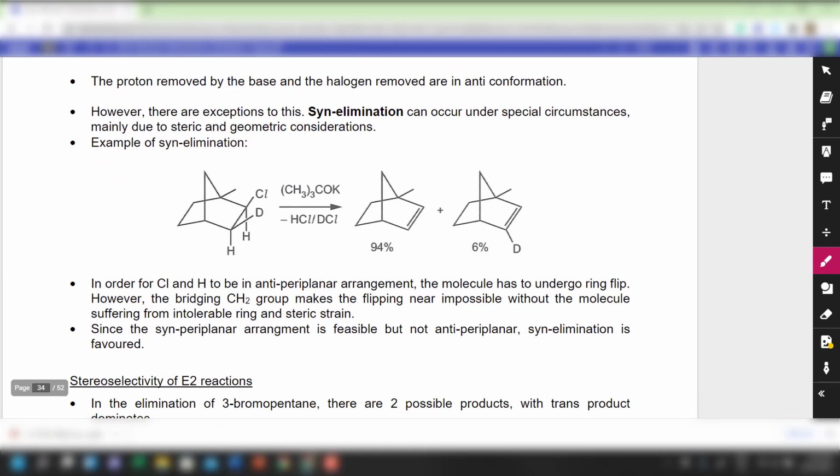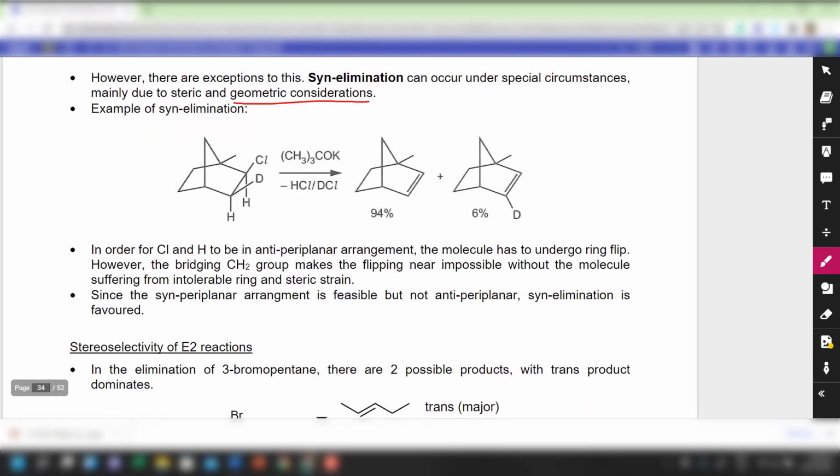Okay, as I mentioned, syn-elimination is also possible under very special circumstances, usually due to steric and geometric considerations. You notice that in our case here, anti-elimination is not exactly possible.